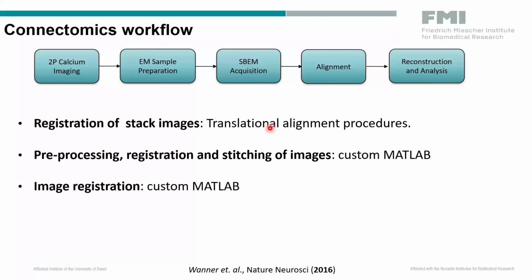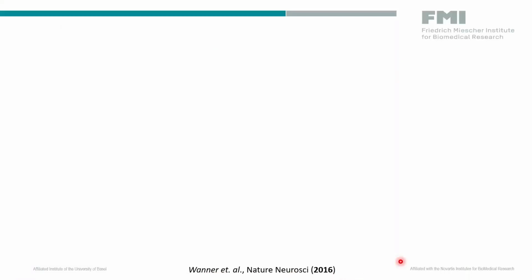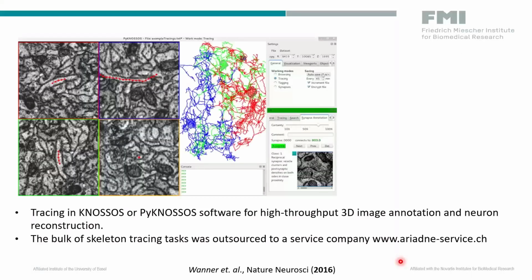And then the group of Rainer chose a strategy of using a custom MATLAB program to pre-process, do registration and stitch images, and the same for image registration. All this alignment workflow, reconstruction and analysis is explained in the paper from Wanner et al., published in 2016. I don't want to spend too much time on that because I'm not a big expert in this, but I think it's worth mentioning it.